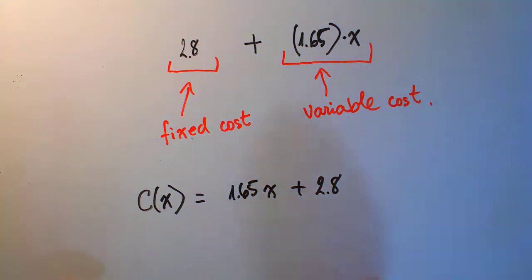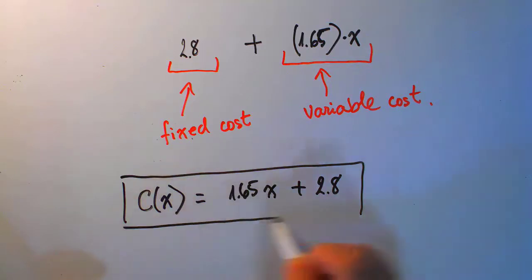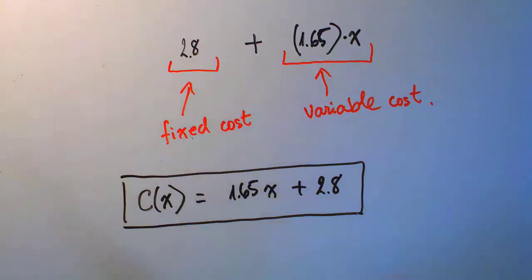That now we finish coming up with our cost function that represents the cost out of pocket for any customer, any consumer, any rider.